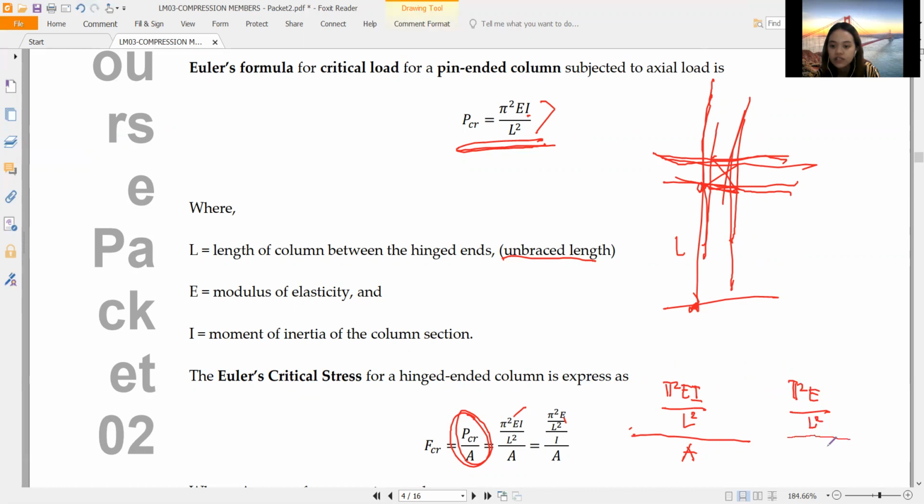Pagka ganito yung equation natin, pi squared E over L squared over I, over A. Okay, I will rewrite it.